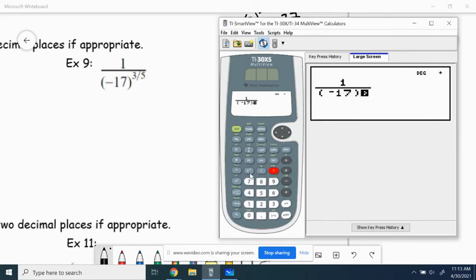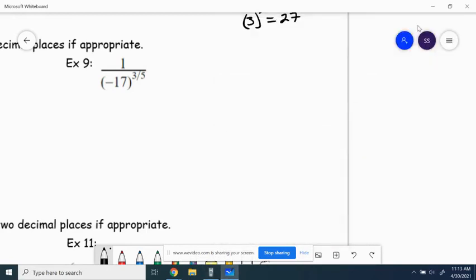Close the parentheses, and now I will raise it to the 3/5 power. And press enter, and there we go. -0.182. And we're rounding to the nearest 100th, so we'll just call this -0.18.